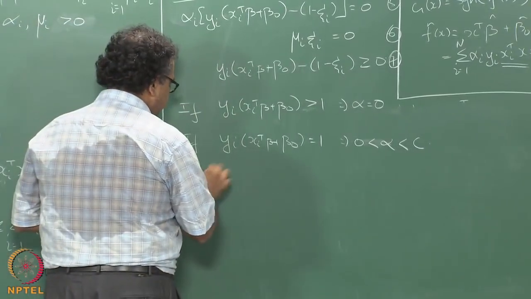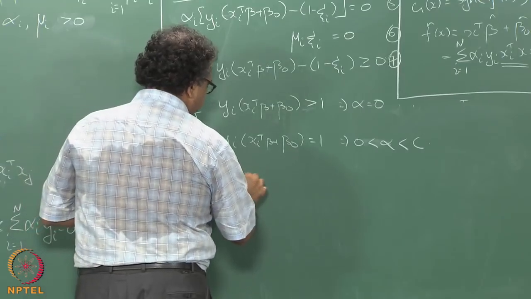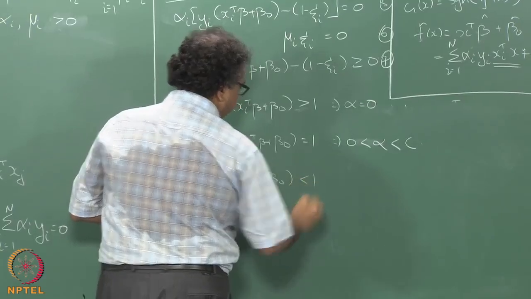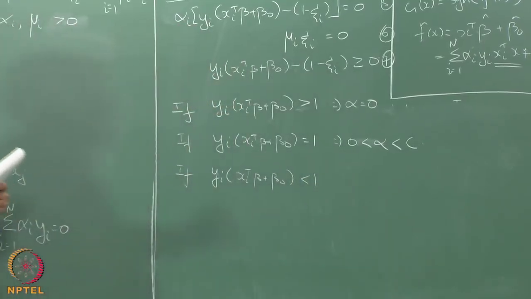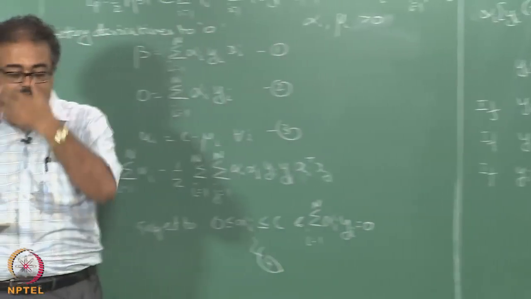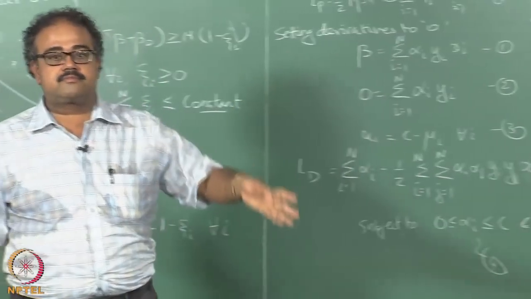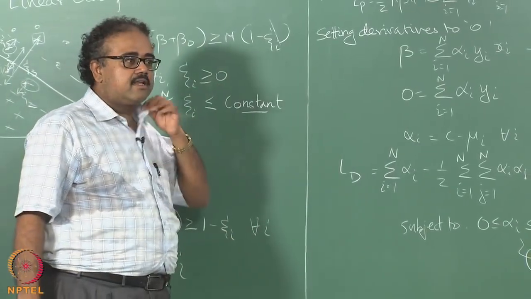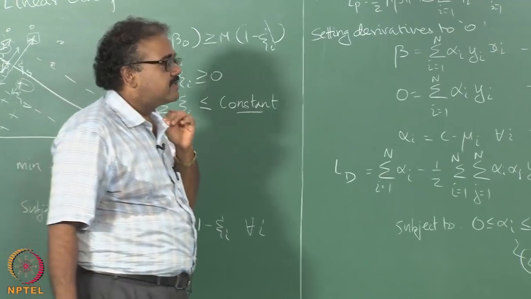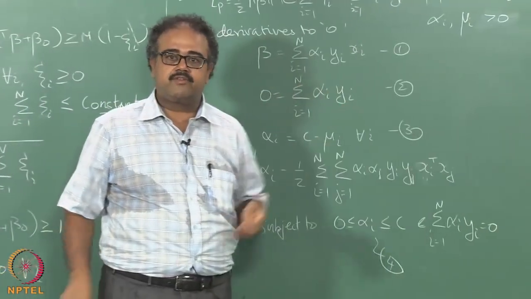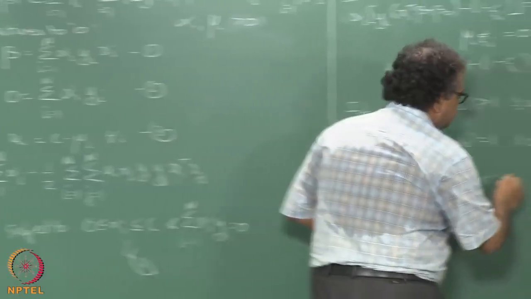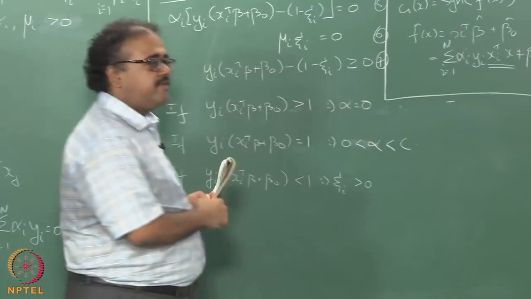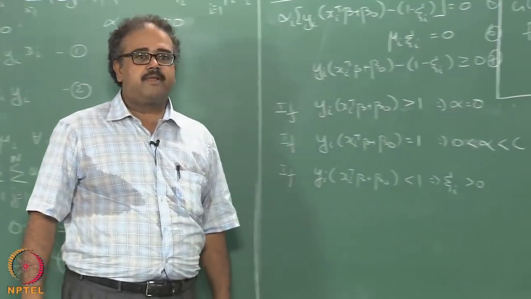Is there a third case? We have to consider the third case now, and which case what will happen? When xi will start increasing, when xi will become non-zero. If xi is non-zero, what does it imply?